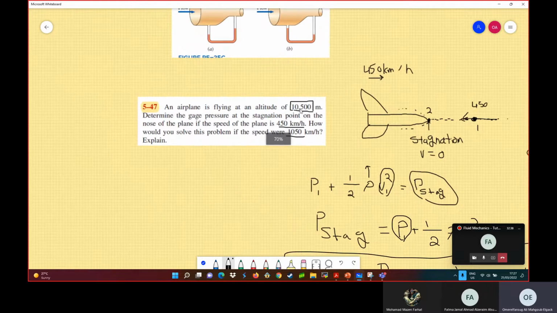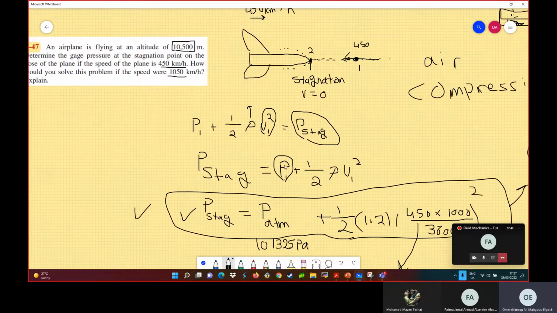An airplane is flying at an altitude of... determine the gauge pressure at the stagnation point. Okay, so you need to subtract the atmospheric pressure from both sides. So the stagnation pressure here, from here and from here also, minus P atm.